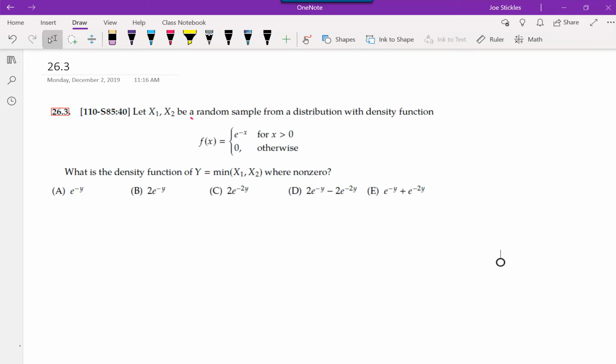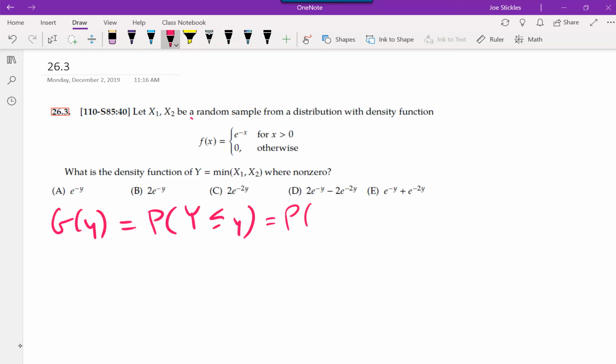So we can do the same thing here. I want to know the probability that capital Y is less than or equal to some little y. And then we want to associate this distribution function to the distribution function of the x's. So we know that Y is, in this case, the minimum of X1 and X2.